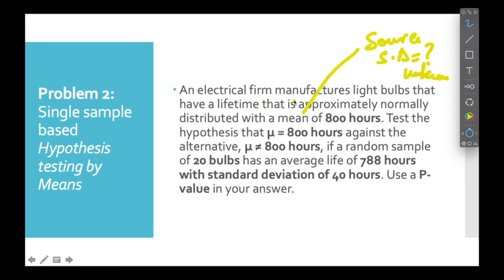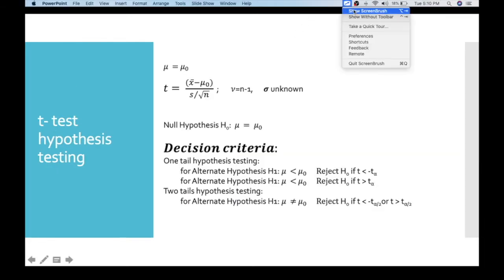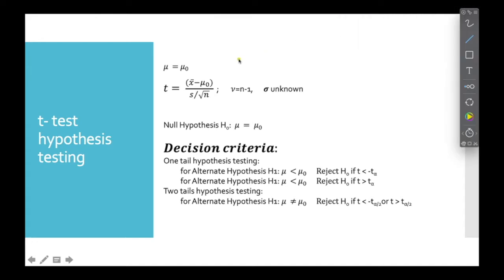For unknown source variance, what we have to test is the null hypothesis, mu as 800 hours, against the alternate hypothesis, for a random sample of 20 bulbs having an average life of 788 hours with a standard deviation of 40 hours. But before solving, we should know what are the steps involved in this problem.